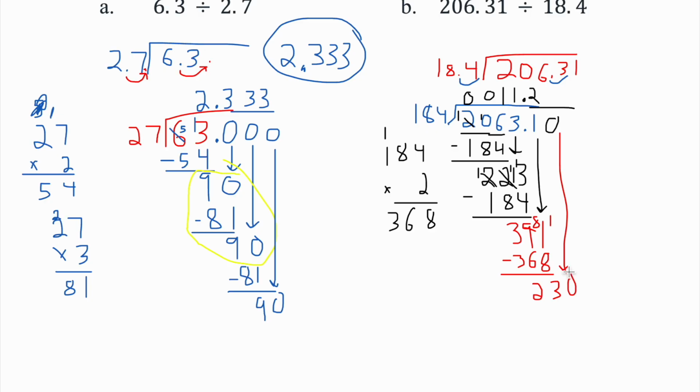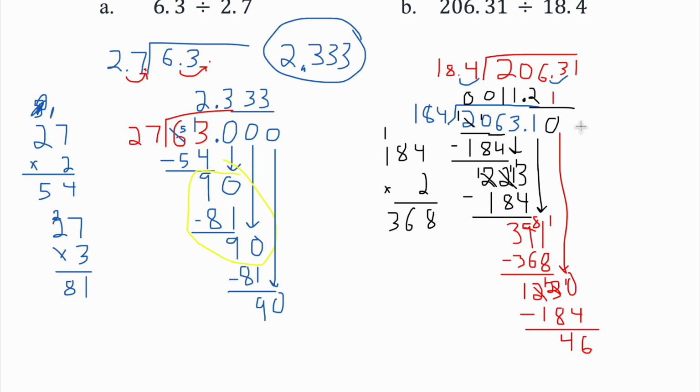Drop down the 0. 230, that's only going to go in once. So that is 184. You got to borrow. So that's 2, that's 10, that's 6. Got to borrow again. 12 minus 8 is 4.